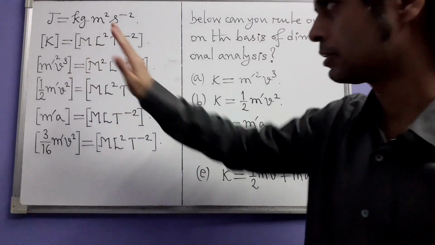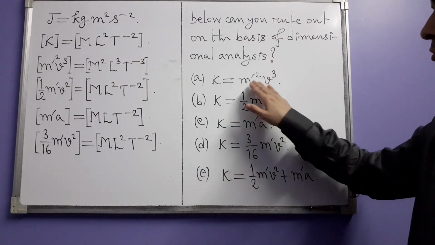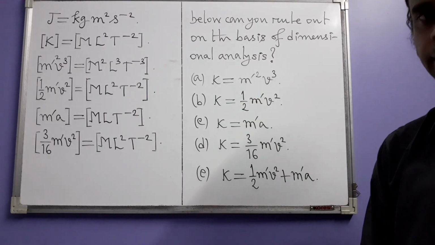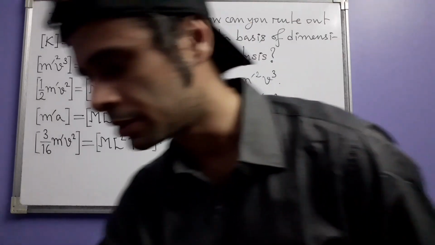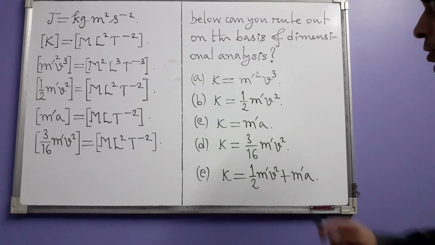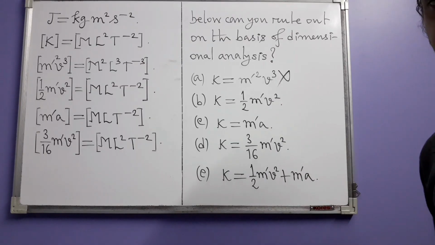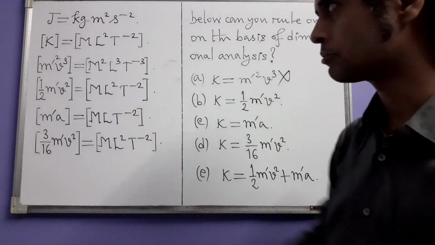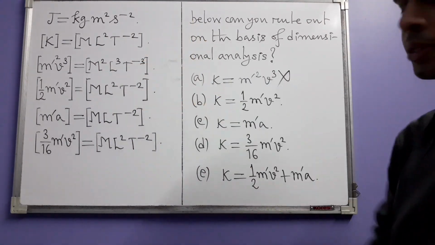So this is the entire dimension of this quantity, and here, yes, really actually they are not matching, and that is why this first equation can be ruled out simply from dimensional analysis. What about the second one?